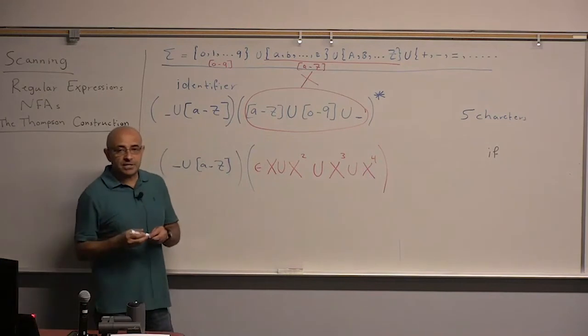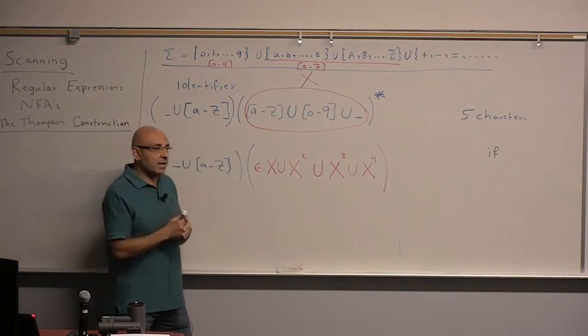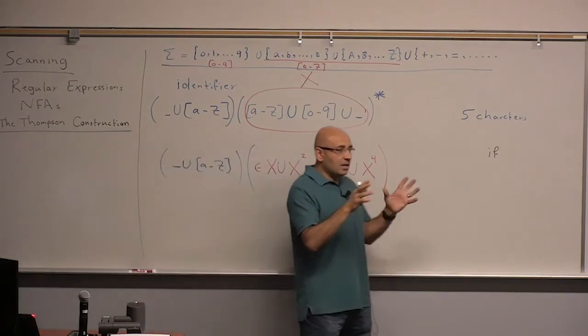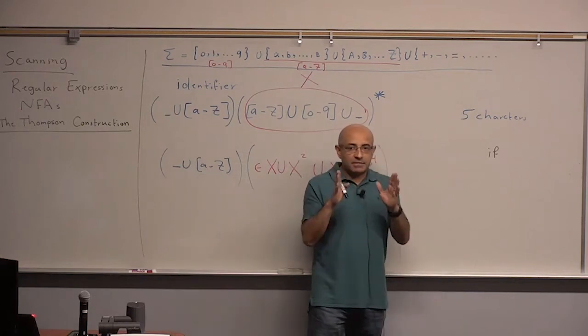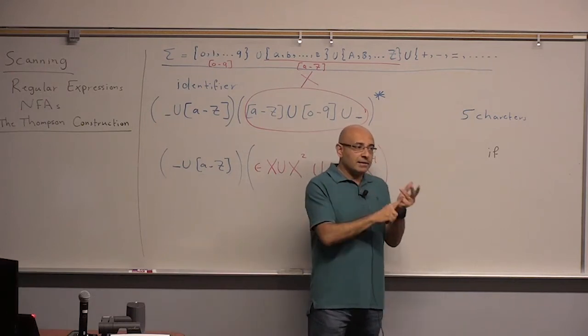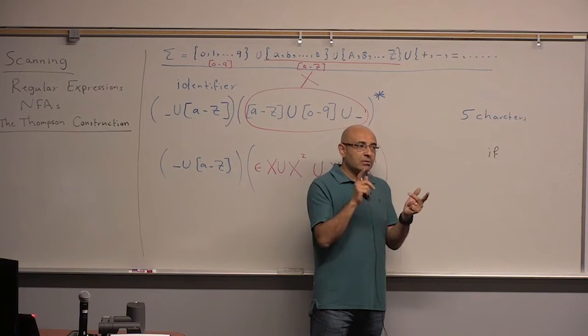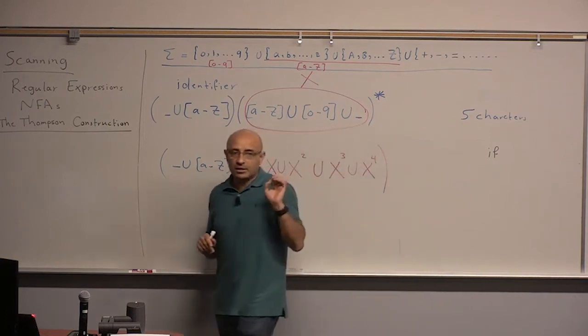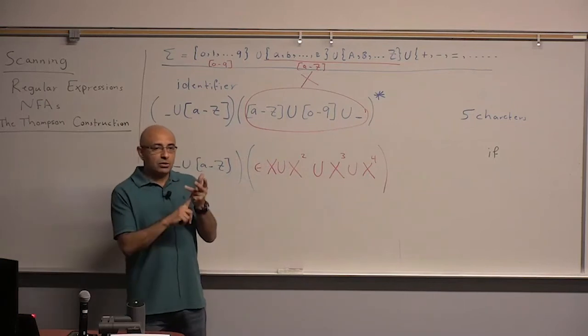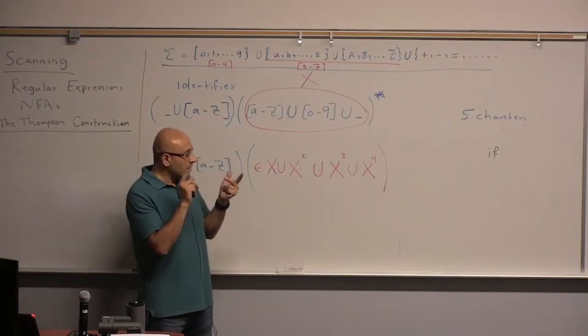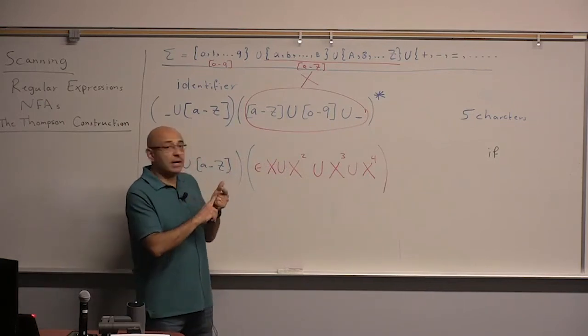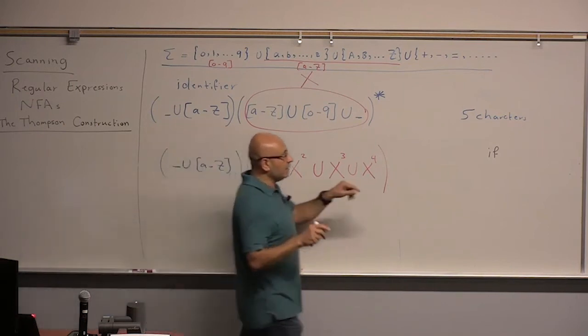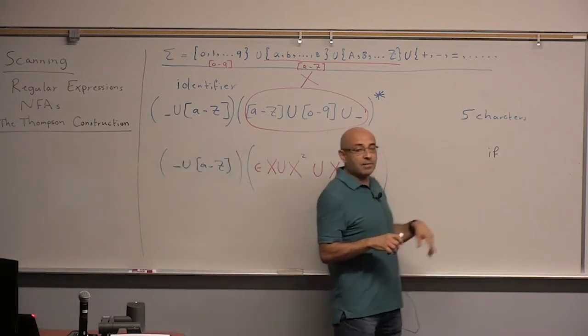In a regular expression, you can have a combination of the symbols of the alphabet, concatenation, union, or star. So these are the 3 operations that you can have in a regular expression: union, star, and concatenation, and any symbols from the alphabet.